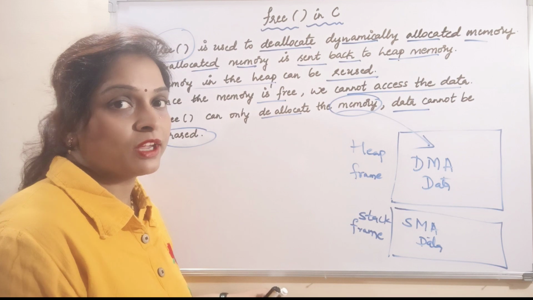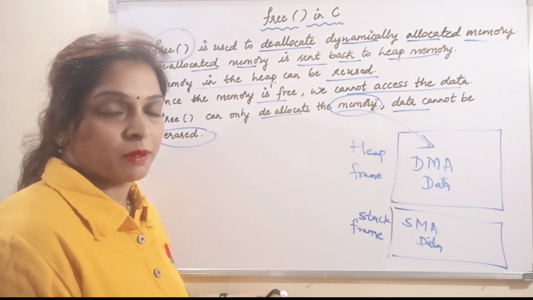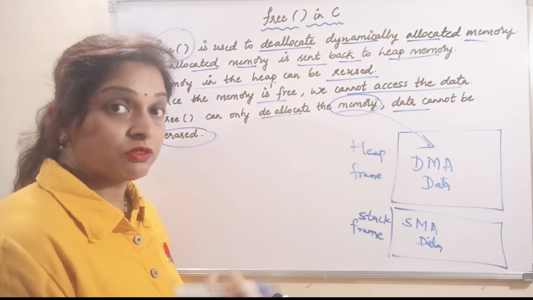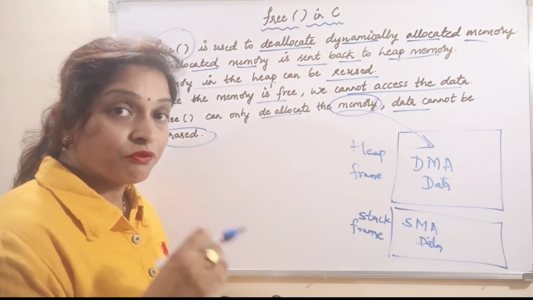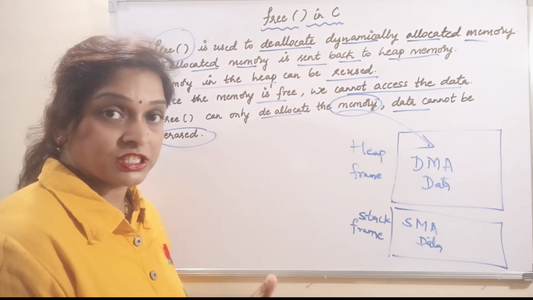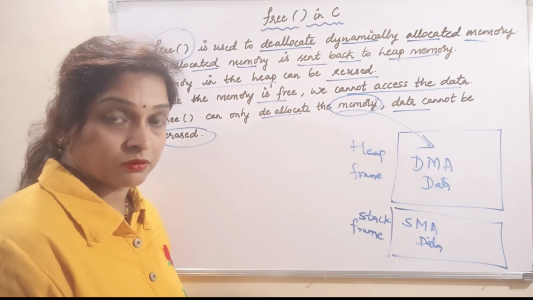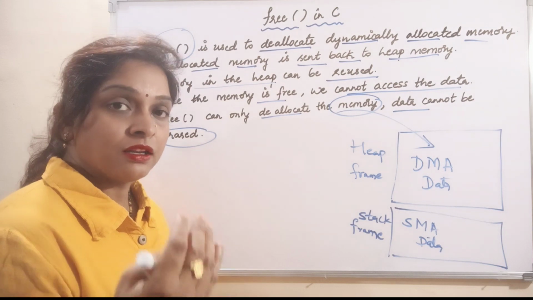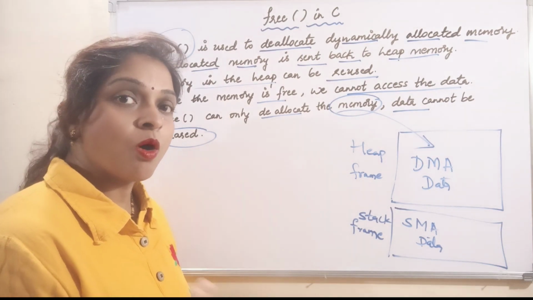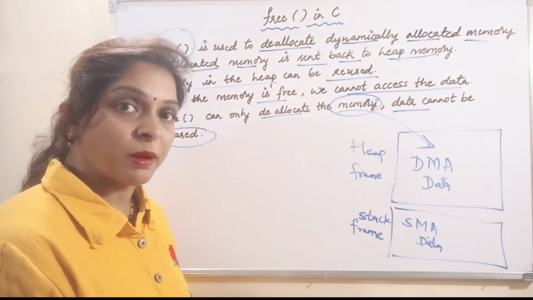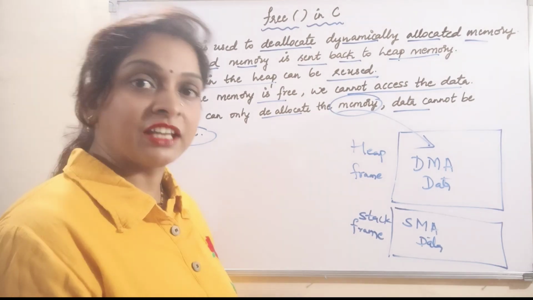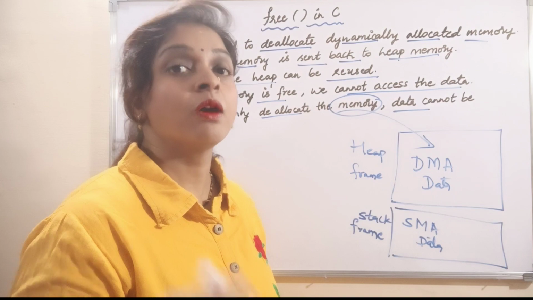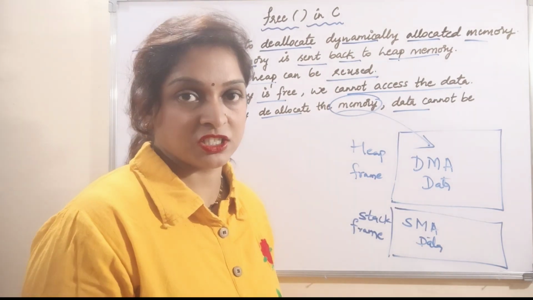Memory will be deallocated and go back to the heap memory, but the pointer will still be pointing to that location. It will have that address, but with that address, we cannot dereference. But the data will be there itself. And the next calloc or malloc, which will allocate the memory, will get the memory from that heap itself. The data will be there and we can overwrite the data on it.